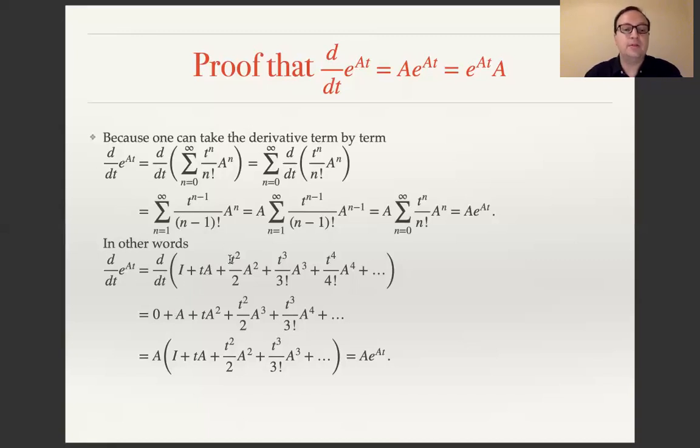The derivative of t squared over 2 a squared is ta squared because again, the derivative of t squared over 2 is t, and a squared is a constant matrix.